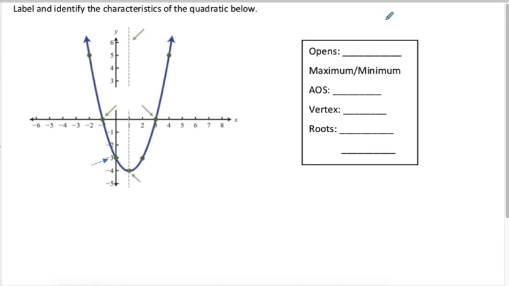This is the summary of everything we should be able to find: does it open up or down, max or min, axis of symmetry, the vertex, and roots. Remember, roots can be called solutions, x-intercepts, or zeros.